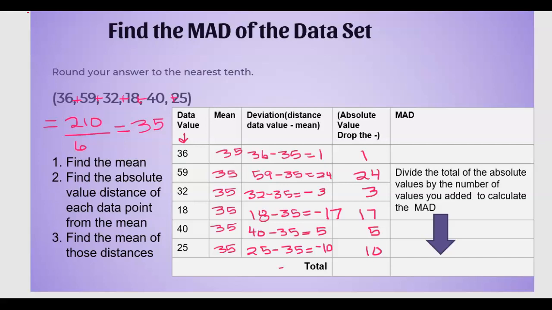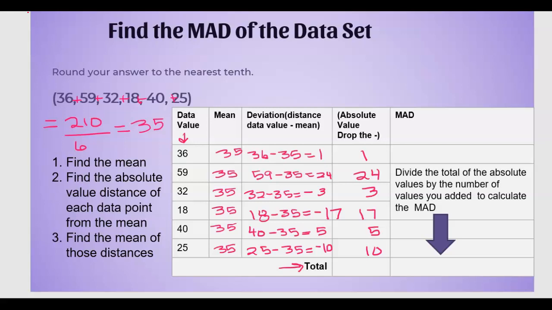Now, our next step is to total all that together. So make sure you add 1 plus 24 plus 3 plus 17 plus 5 plus 10.